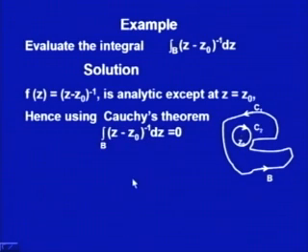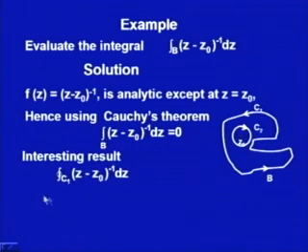Now, you see as I have divided it into two parts, the boundary as C1 and C2, I will get one interesting result. It simply says that the integral of f(z), that is 1 upon Z minus Z0, along this boundary C1 is the same as the integral of f(z) along this circle C2.